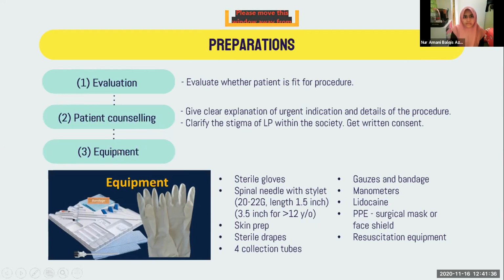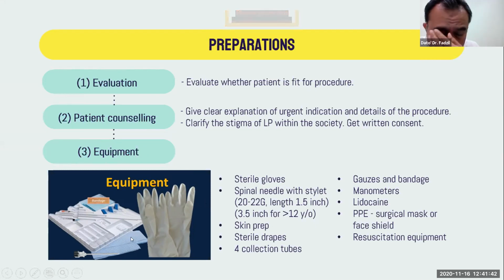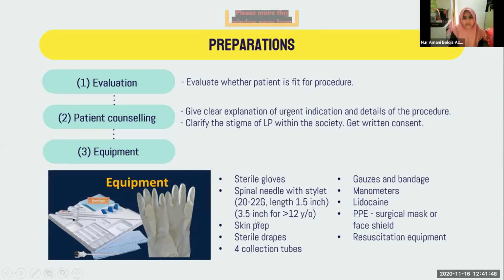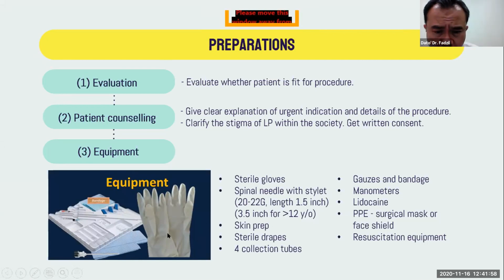So after that, we need to prepare the equipment. Among the equipment needed are sterile gloves, spinal needle with stylet, and the needle length is according to age. Usually in pediatric children, the length is 1.5 inch, and in older children or in adults, it is 3.5 inch.